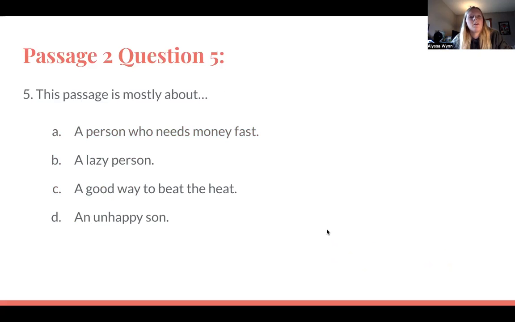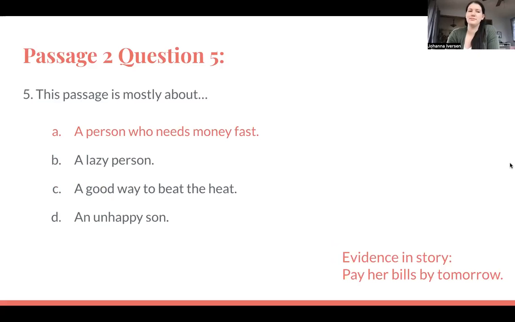Number 5, this passage is mostly about A, a person who needs money fast. B, a lazy person. C, a good way to beat the heat. And D, an unhappy son. A. That is correct. It is a person who needs money fast. And the evidence in the story is that she needs to pay her bills by tomorrow.